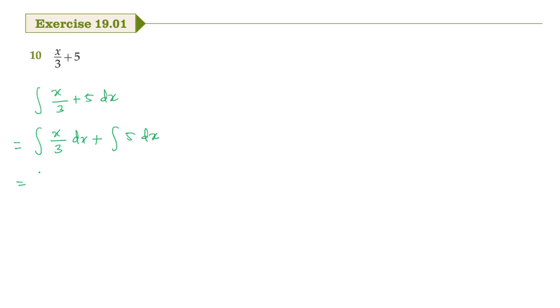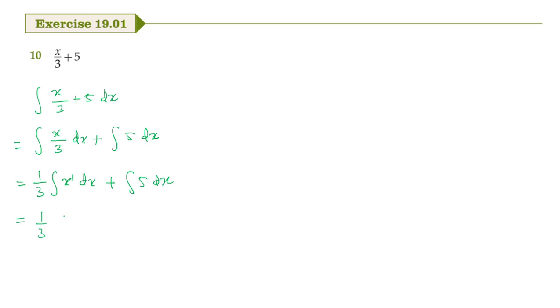Okay, now, so remember when you have integration of a constant or multiple of x, you can take it out, put it outside, and focus on integrating x only. Alright, okay, now integrate x. Over here your x is power 1, is it?